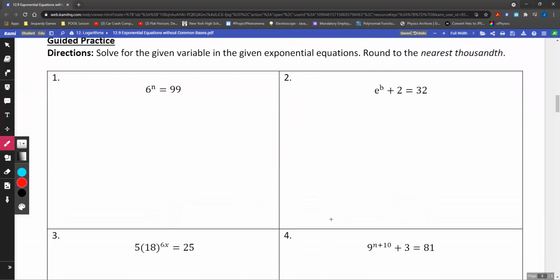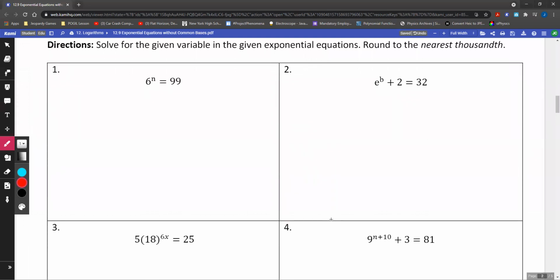All right. So going through these practice questions, since we're looking for the n exponent, we're going to do the same thing where I'm going to take the log of this. Log 6 to the n equals log 99. That n gets moved in the front due to the power rule for logs.